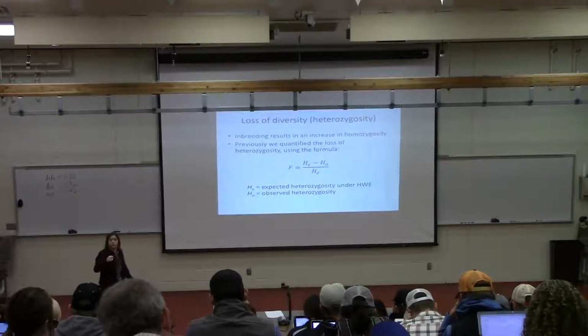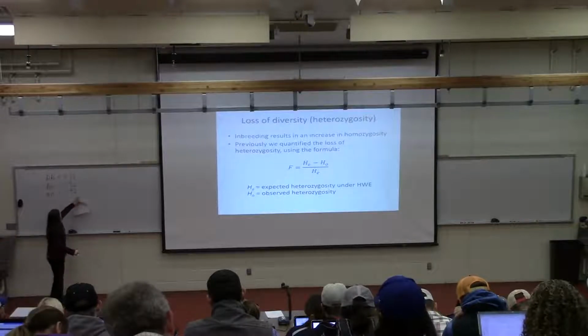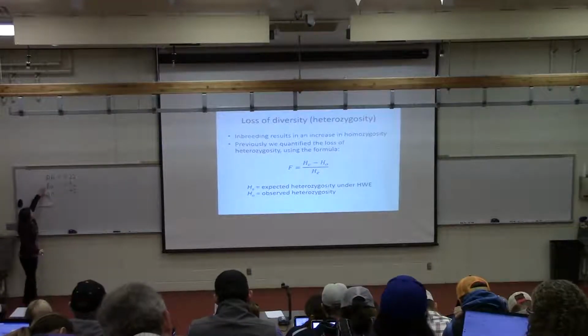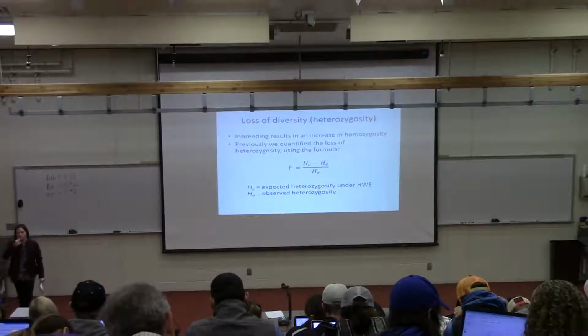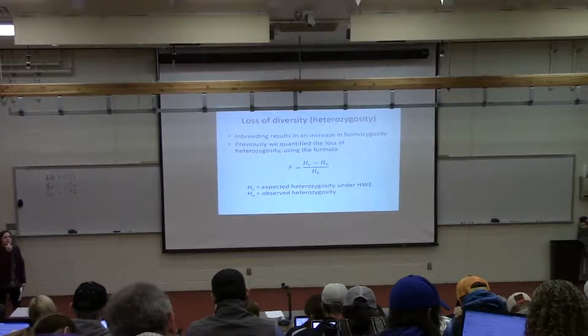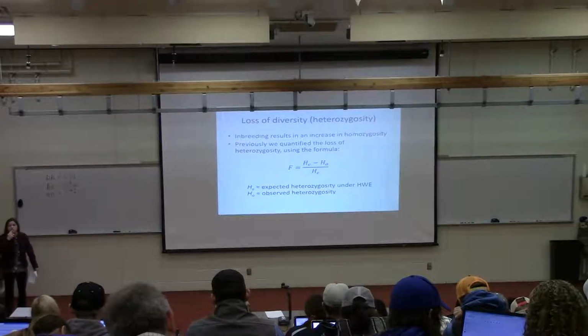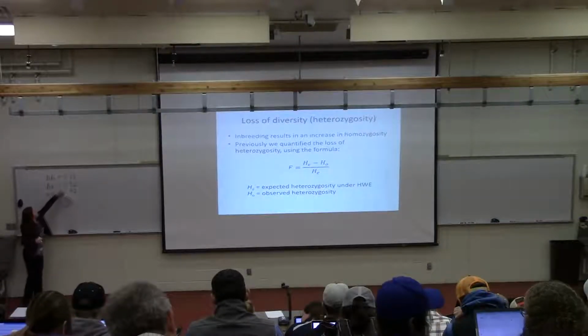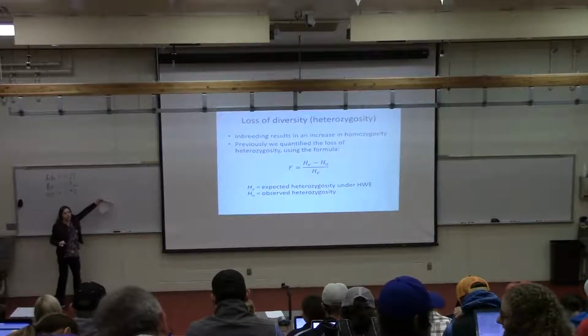Hardy-Weinberg, right? So if our population's in Hardy-Weinberg, how can I estimate the frequency that I should see of heterozygotes? It would stay the same from generation to generation, right? That's true. But how do I know if this is what I should expect to see if they're randomly mating? Remember that Hardy-Weinberg equation that we had?